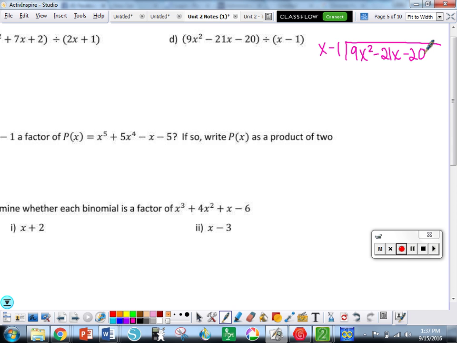And again, we're doing this right now because soon I'm going to have to factor really big polynomials. And this is how I'm going to do it.